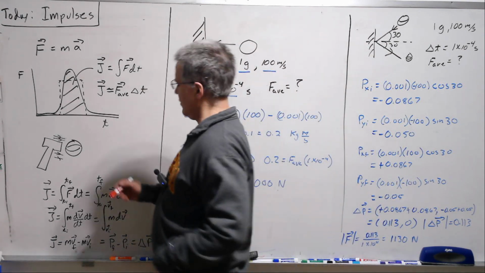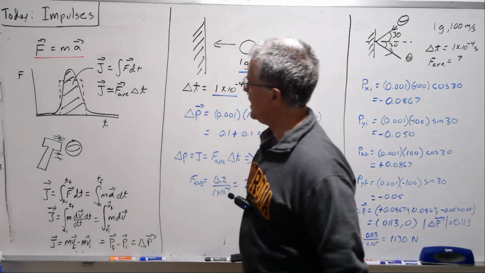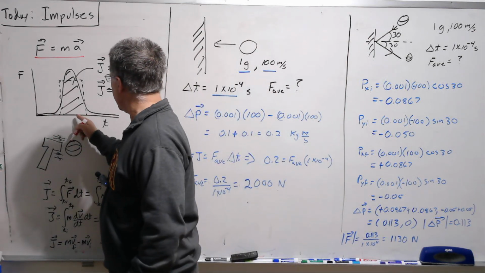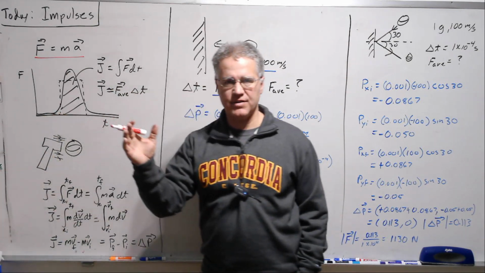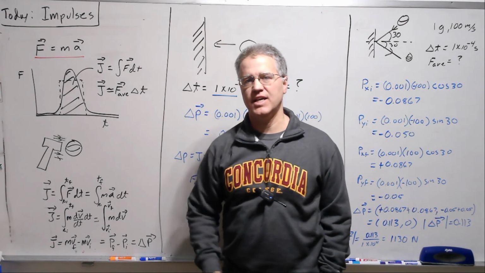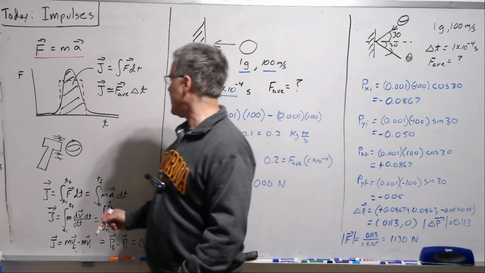So if we go back to Newton's law here, F equals ma, let's plot force as a function of time. And we have some kind of an interaction, maybe, for example, a hammer coming down and hitting a ball, or kicking a ball, something like that.